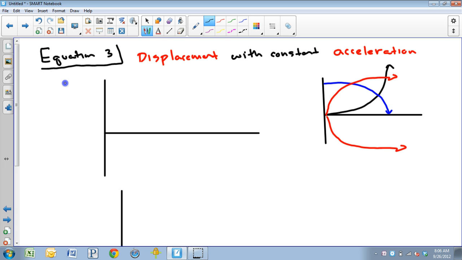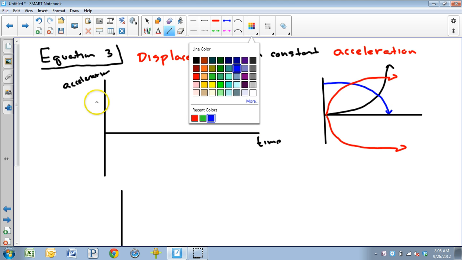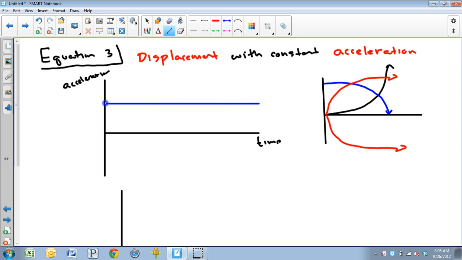But if we took a look at what the acceleration graph looks like, we have acceleration and time here. We have constant acceleration. So again, we're just going to have a horizontal line going across like that.